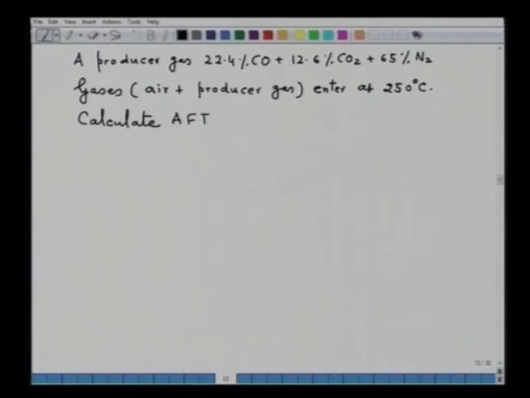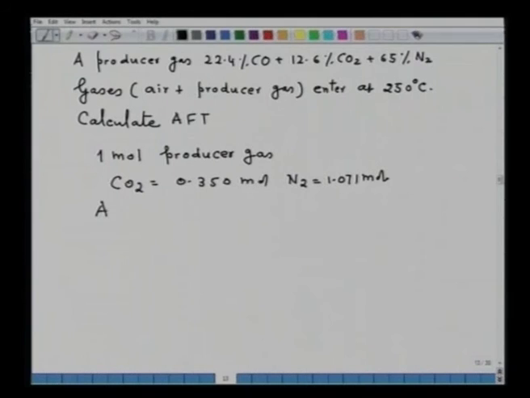Same, first of all we have to perform material balance. Consider say 1 mole producer gas, and corresponding to 1 mole producer gas CO2, that will be equal to 0.350 moles, and nitrogen, that will be equal to 1.071 moles.